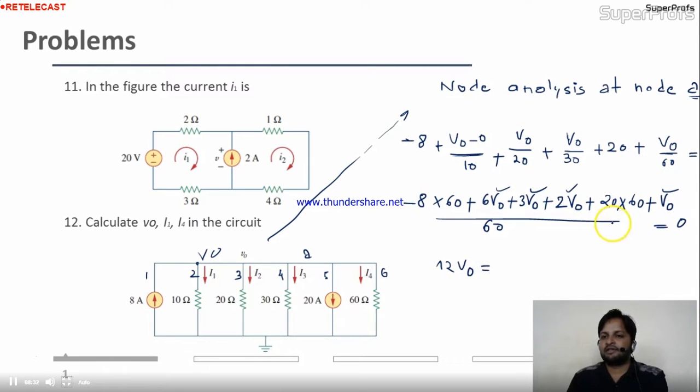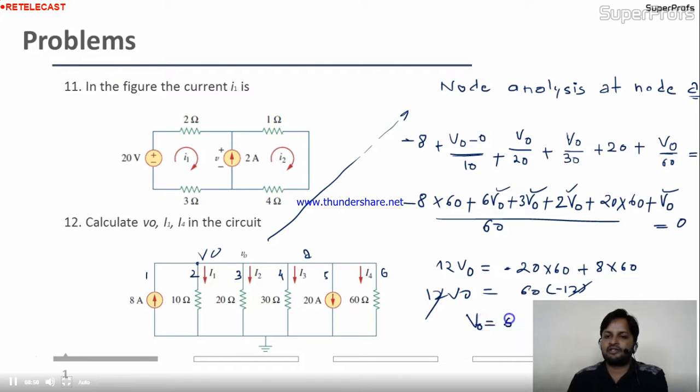This 20 into 60 will go this side, and this will come this side, 8 into 60. So finally 60 will come out into -12. Here 12 will cancel out. V0 equal to 60. Is it okay to you people?